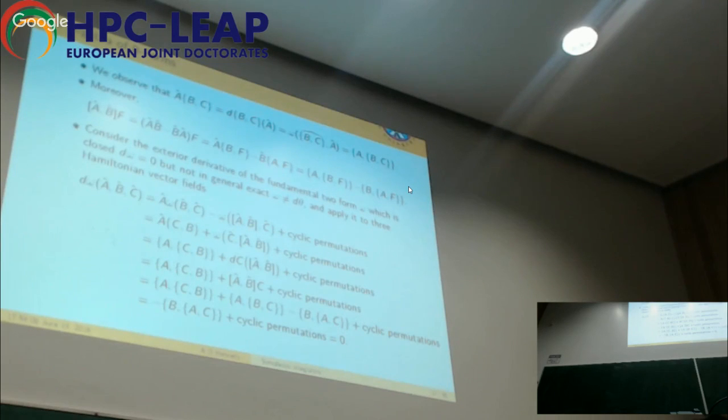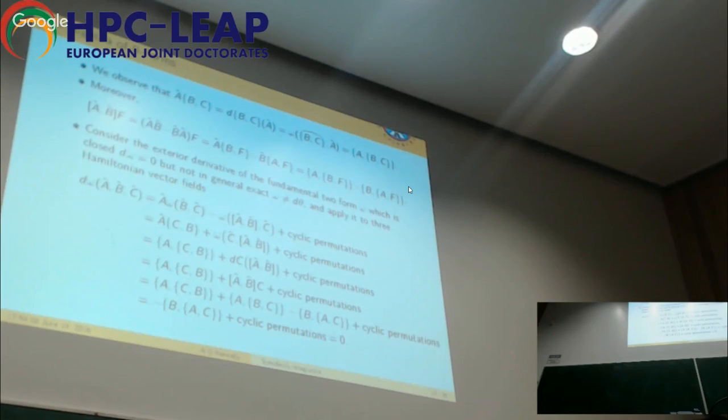So in particular, apply it to three Hamiltonian vector fields, A hat, B hat, C hat. What that gives me is A hat applied to omega of B hat, C hat, plus cyclic permutations, minus the term that corrects for the non-commuting nature of the vector fields. So there's minus omega of the commutator of A hat and B hat with C hat, and its cyclic permutations.